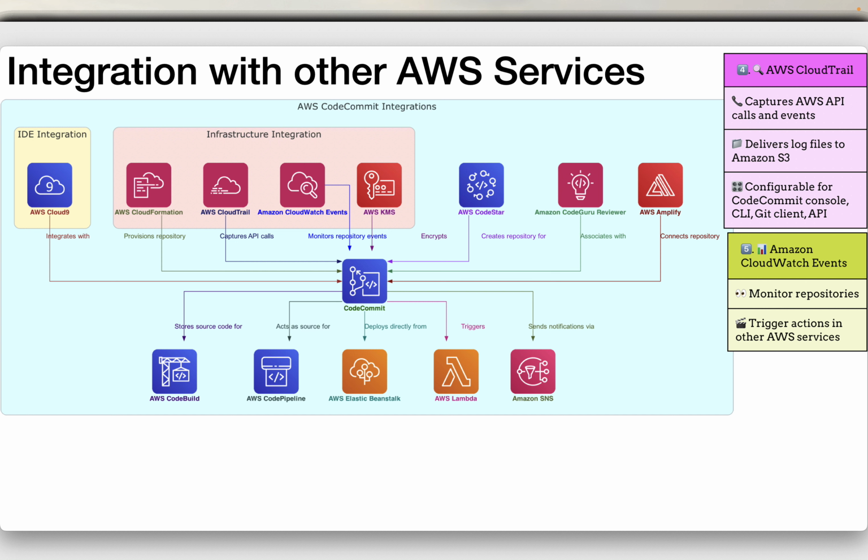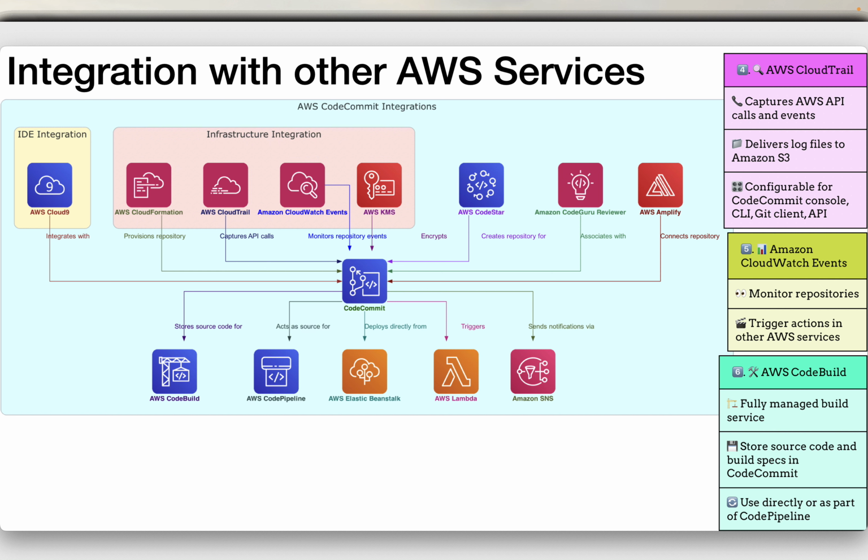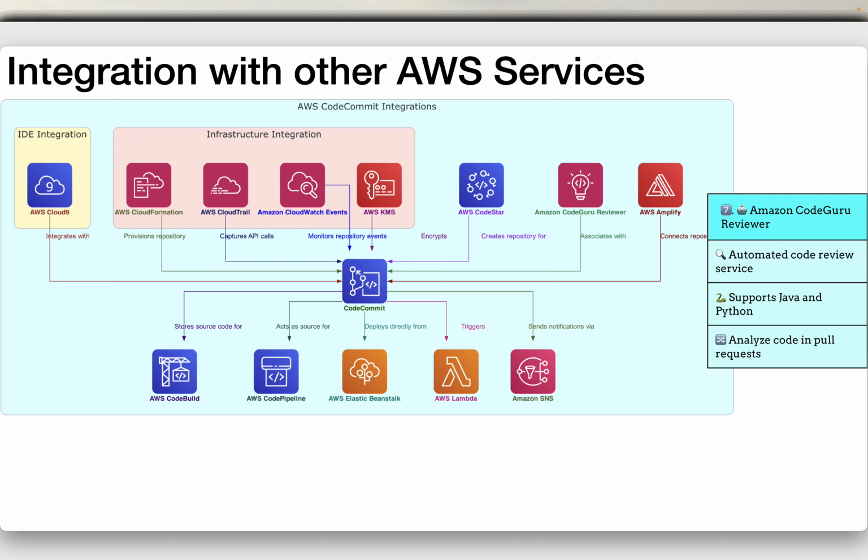CodeBuild. CodeBuild is a fully managed build service that compiles code, runs unit tests and produces deployment-ready artifacts. You can store source code and a build specification in a CodeCommit repository and use CodeBuild directly as part of a CodePipeline. CodeGuru Reviewer is an automated code review service that uses program analysis and machine learning to detect issues and recommend fixes in Java or Python code.